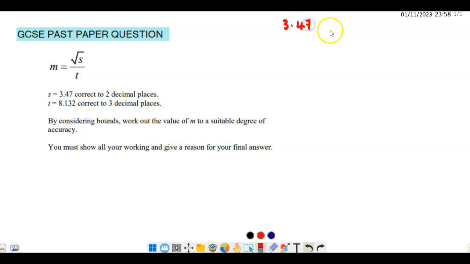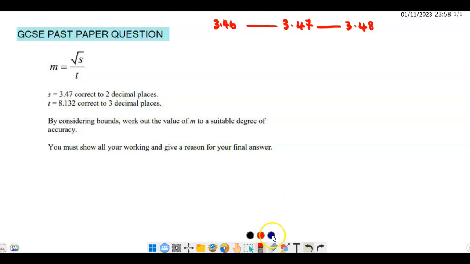So we want to find the lower and upper bound. So to 2 decimal places, the next number up would be 3.48, and the next number down would be 3.46.